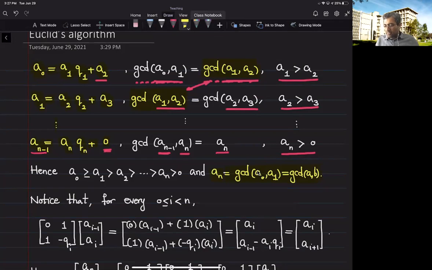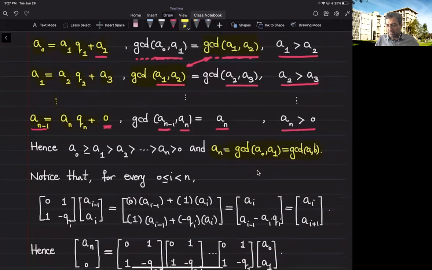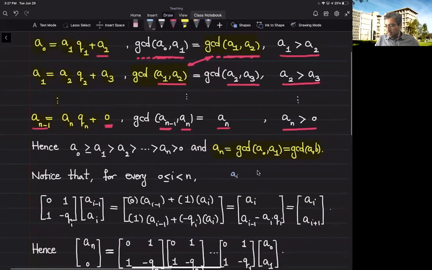But this algorithm gives us much more information about the GCD. Looking at this process, we see the following formula. Looking at the ith row, we have this fact that A sub I minus 1 is A sub I times Q sub I plus A sub I plus 1.